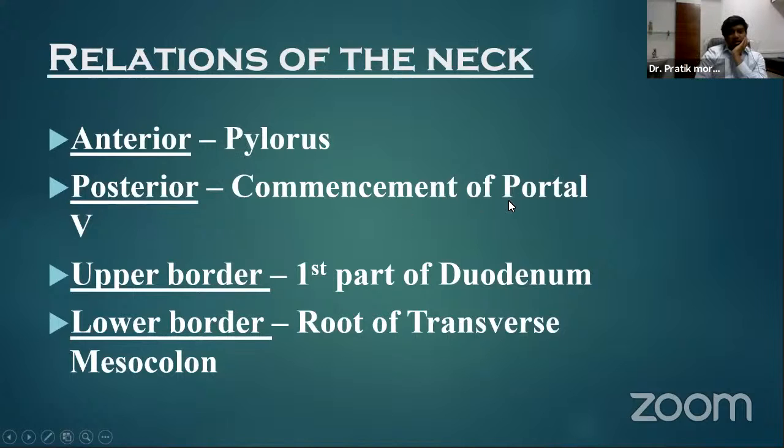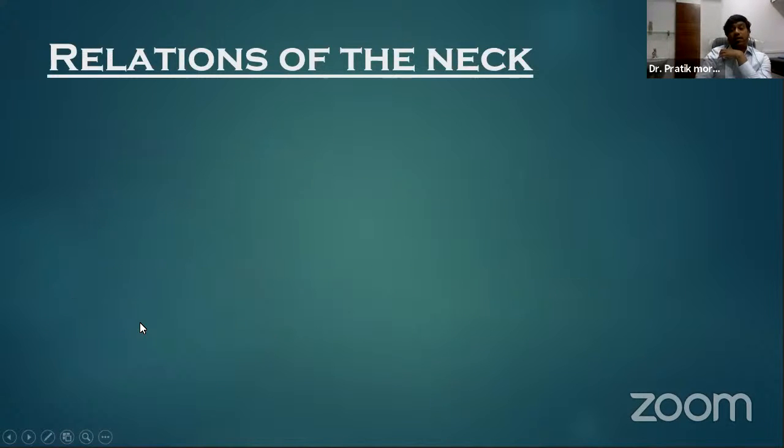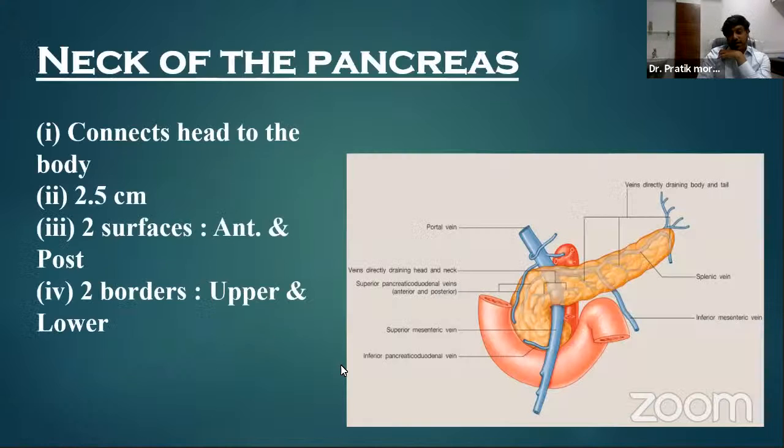Okay. Posteriorly, the commencement of the portal vein. The most important thing is here. Posteriorly, that is behind the neck of the pancreas. Behind the neck of the pancreas, you can see the superior mesenteric vein and the splenic vein coming from here. The splenic vein and superior mesenteric vein are both uniting here, and they form a bigger, major vein, which is called the portal vein.